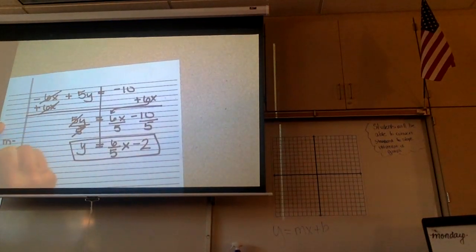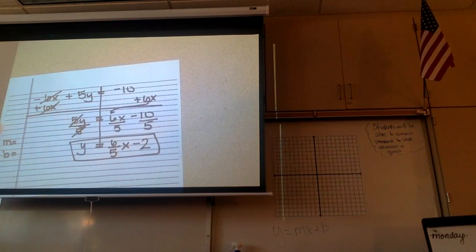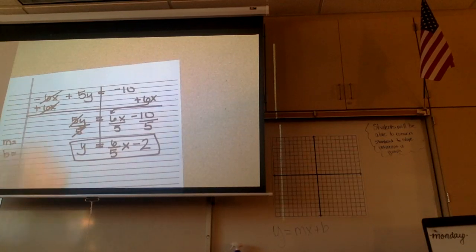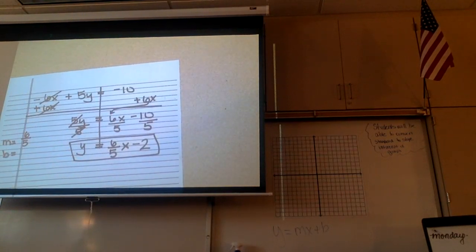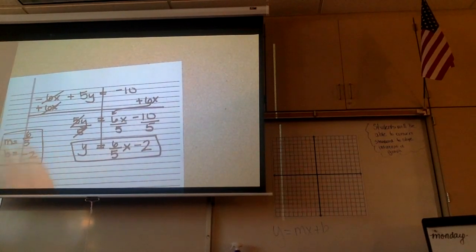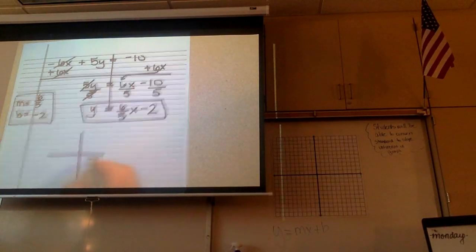Hey, we know this guy. Okay. What is our slope? What is our m? It's 6 over 5. Yes, 6 over 5. Those are our moves. What is our b? Negative 2. Yeah, negative 2. Do I know what this graph looks like now? Yes. It's going to go at negative 2.